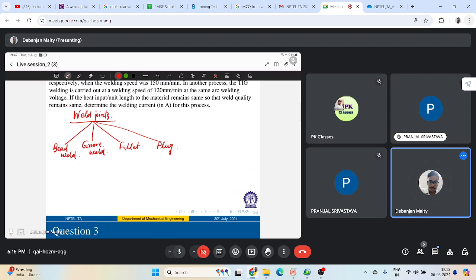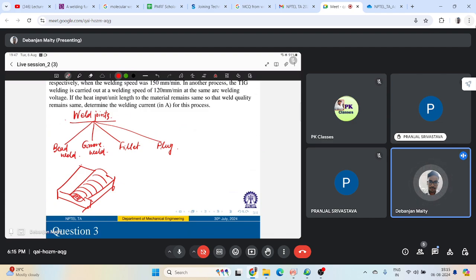Now, bead welds are also called surface welds. They are made directly onto a flat surface, right? If I try to draw some 3D image, they will look something like this. This is my weld bead. So this is how it looks in a surface weld.